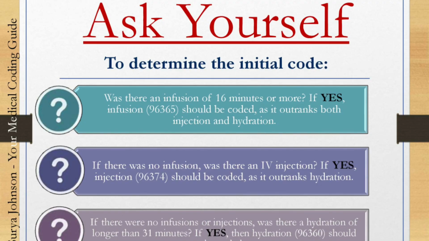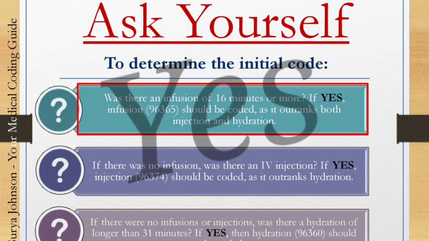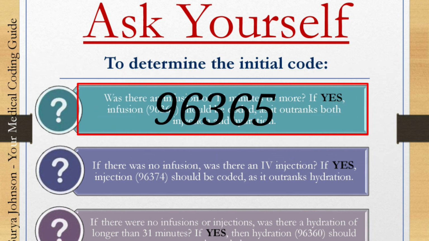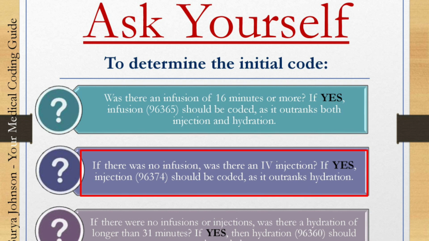Whenever you are confused about selecting an initial code, ask these three questions. First, was there an infusion of 16 minutes or more? If yes, then 96365 should be coded. If no, then the second question: if there was no infusion, was there an IV injection?